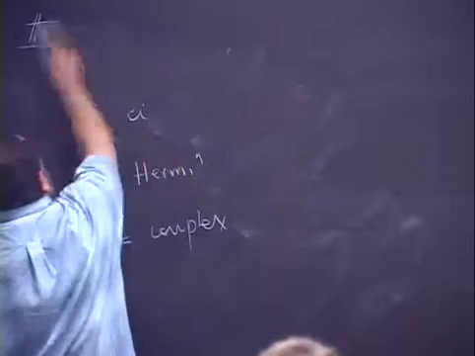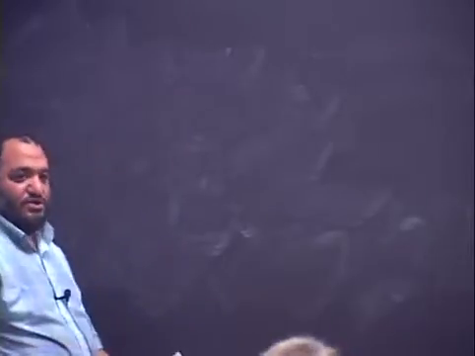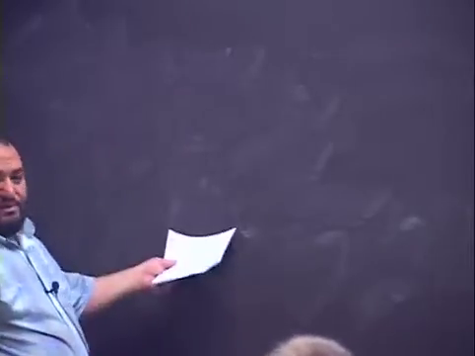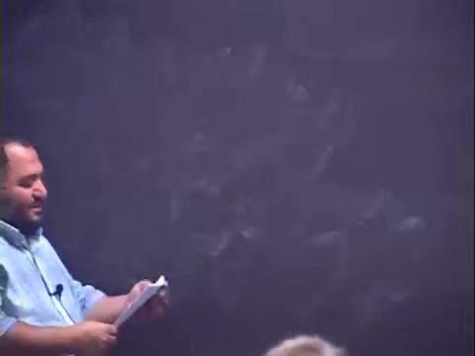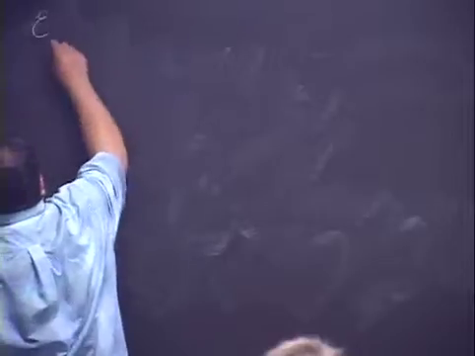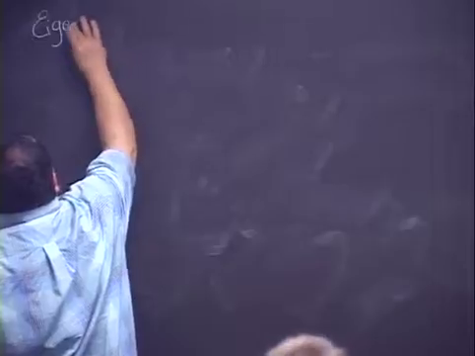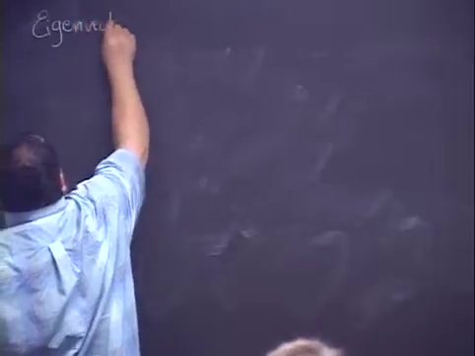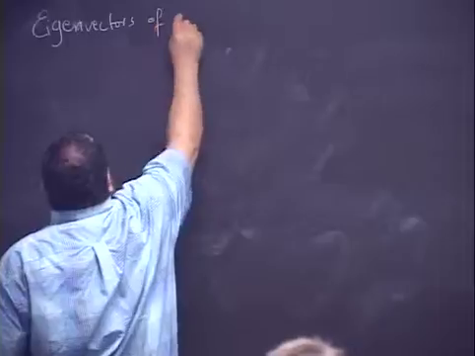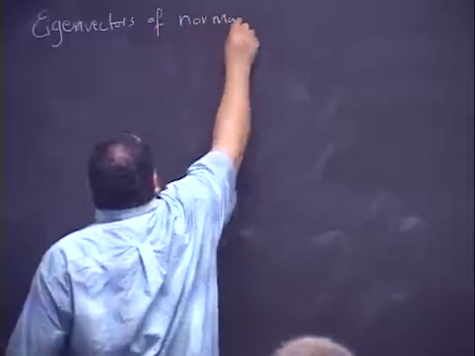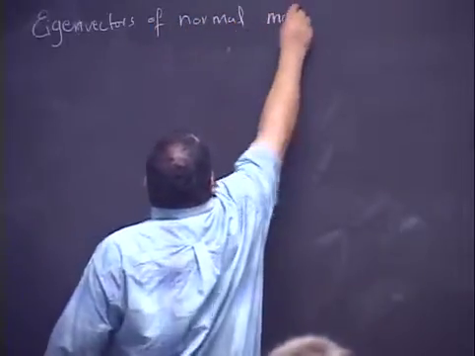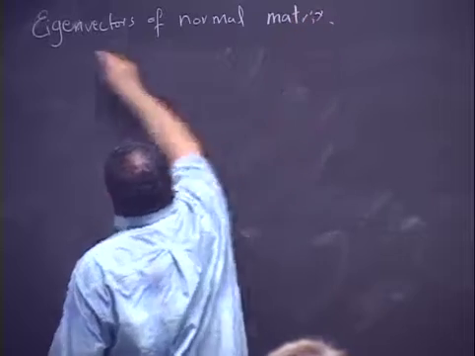Last lecture and part of this lecture we looked at the eigenvalues for Hermitian, skew Hermitian, unitary, and then the normal matrix. Then let's look at the eigenvectors of a normal matrix.